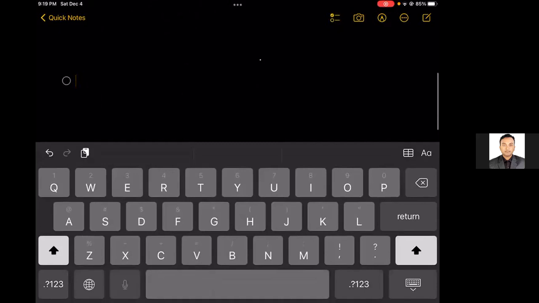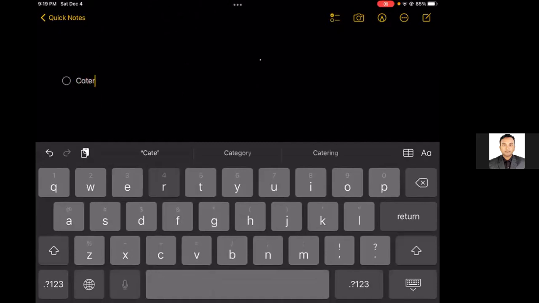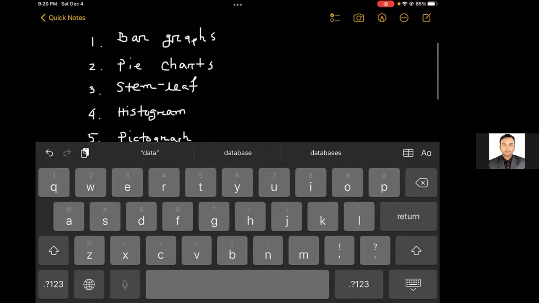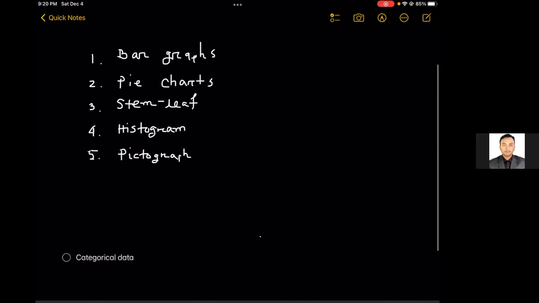Okay, the first question could be, if we have a categorical data set, then which type of graph out of the 5 we have just mentioned here will be a very good choice for us? Let me rephrase it.